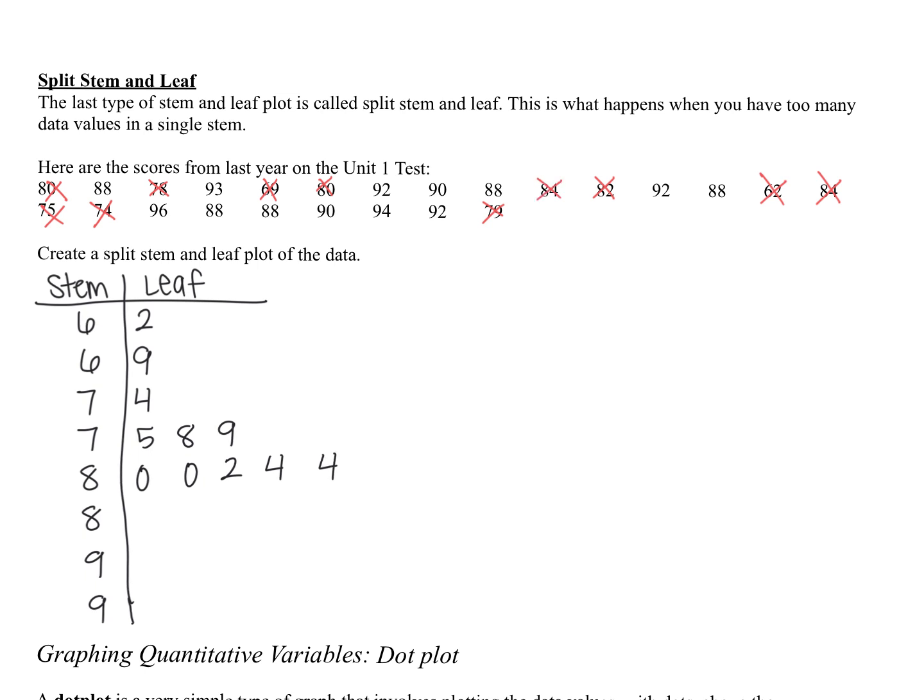And there are 1, 2, 3, 4, 5 88s. And then we have 2 90s.